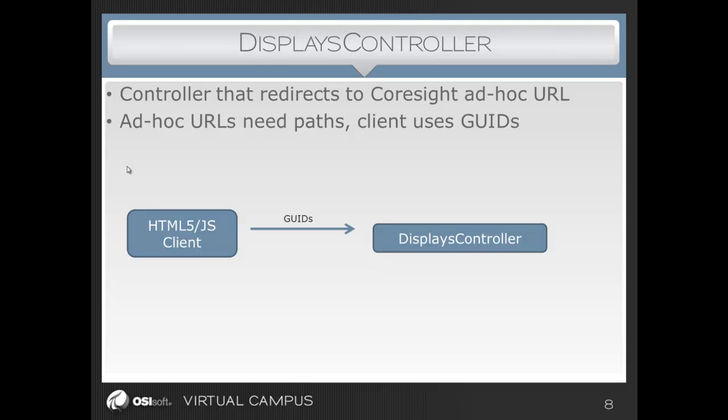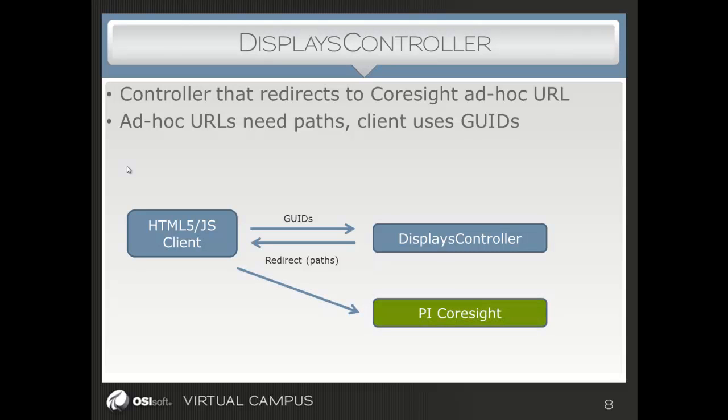The displays controller basically translates those GUIDs to paths and issues a redirect. So the browser will redirect to the PyCore site ad hoc URL, and that's a quick way to open ad hoc PyCore site displays using GUIDs instead of element paths.